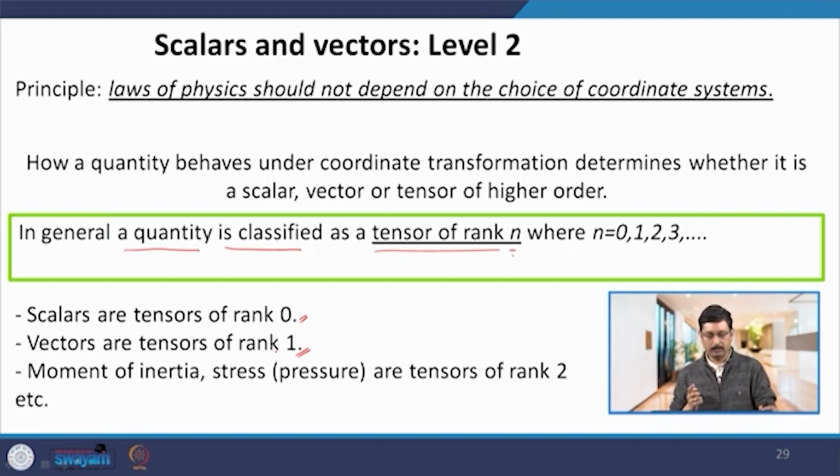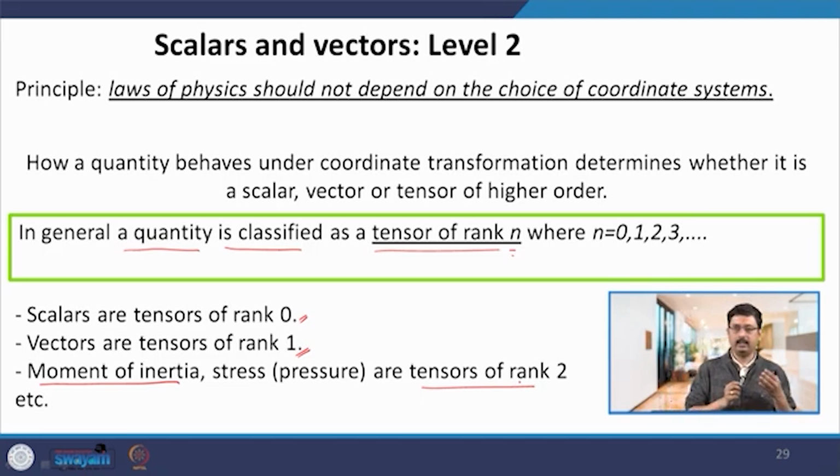We will perhaps encounter only one quantity, which is the moment of inertia, which is a more complicated object, and this is a tensor of rank 2, which means that if I want to write down the components of moment of inertia in the blue frame and in the red frame, then to calculate the components in the red frame, we need 2 of this coordinate transformation matrix.